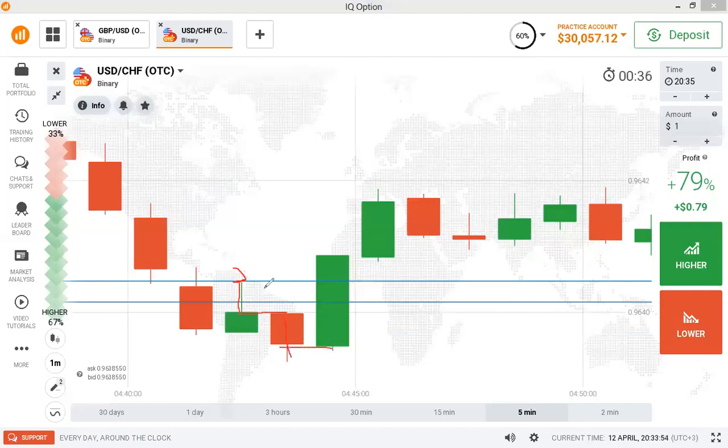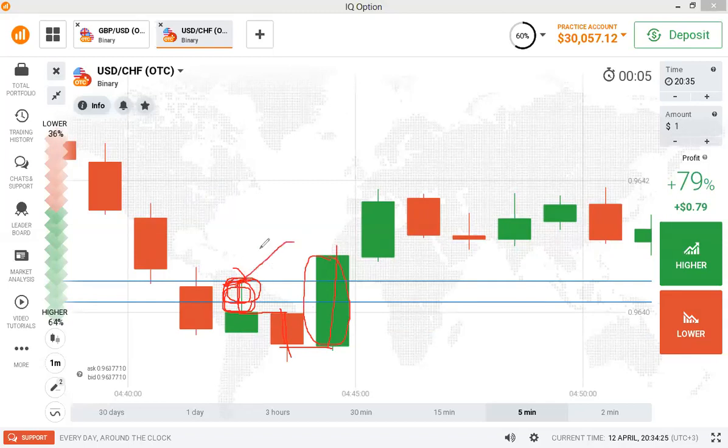That means sellers are dominating this area, starting from this rejection, then sellers enter. Now buyers entered again, crossing that area where sellers entered. So buyers entered, it crossed that level. So at this time, the buyers are now dominating this area.